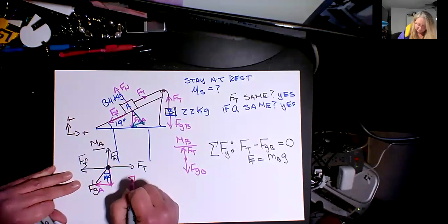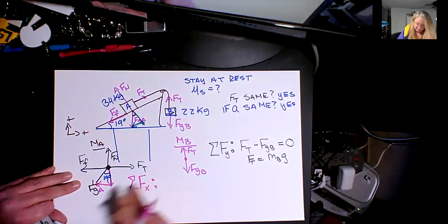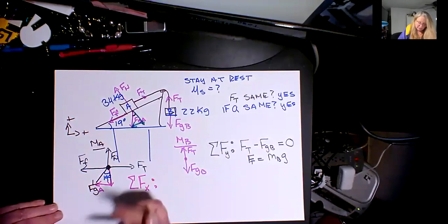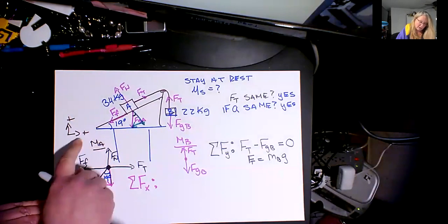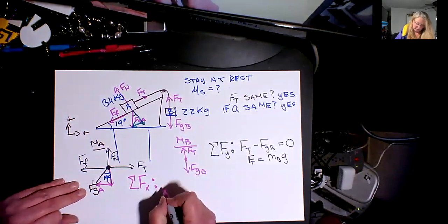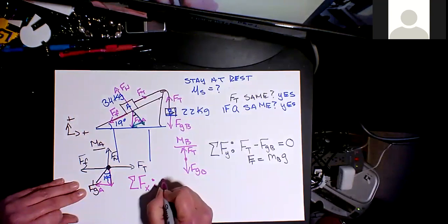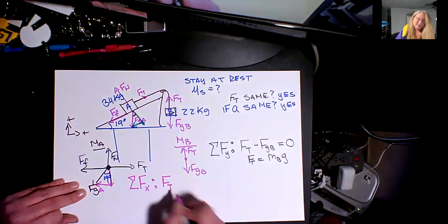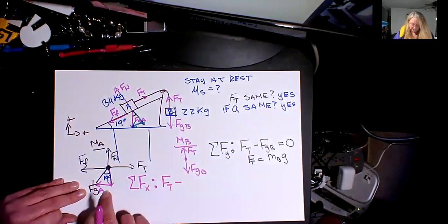So for my sum, in the x, it's going in this direction, opposite side. It's going away from that positive sign, so it's negative. So I'm going to start with my force of tension so I have a positive piece, just because I don't like starting with negatives. So minus, now let's look at this.